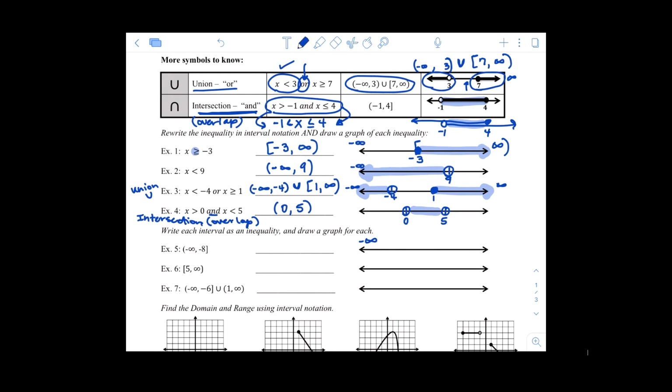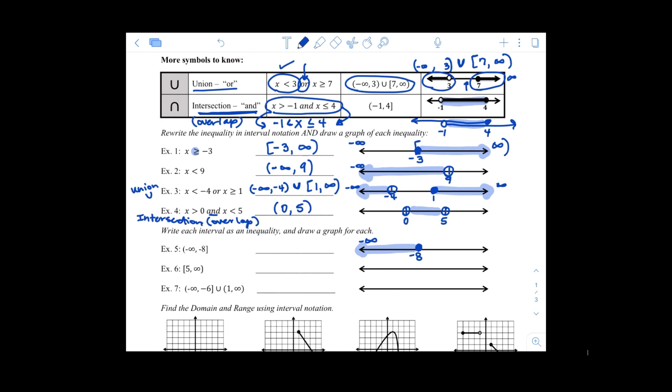I see that our interval is going to stop at negative 8. So wherever I choose to put negative 8, that's where we're going to go. I have a bracket on the negative 8, so it's going to be closed. And I see that I have an interval from negative infinity to negative 8. So this portion of the graph is what's going to be shaded.